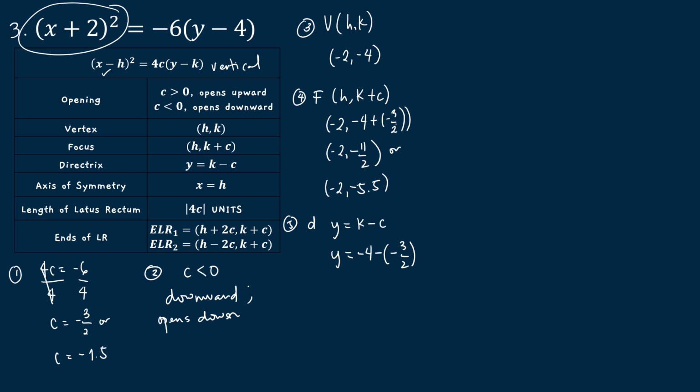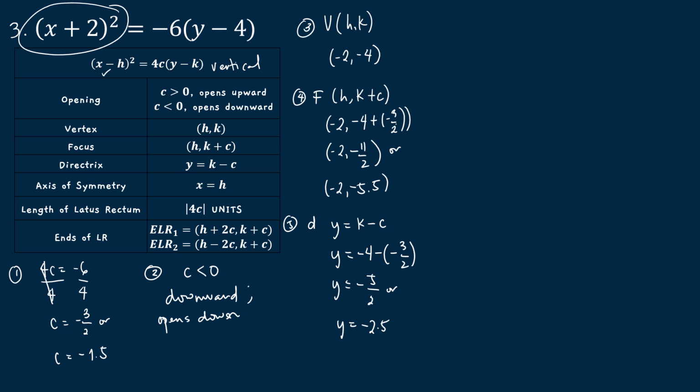So, we just change the operation that we use dun sa focus so that we will have an answer of y is equal to negative 5 over 2. Okay? Still negative 5 over 2, or y is equal to negative 2.5. Okay? That's the answer for our directrix.